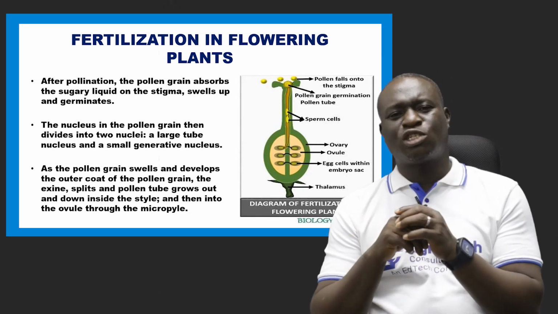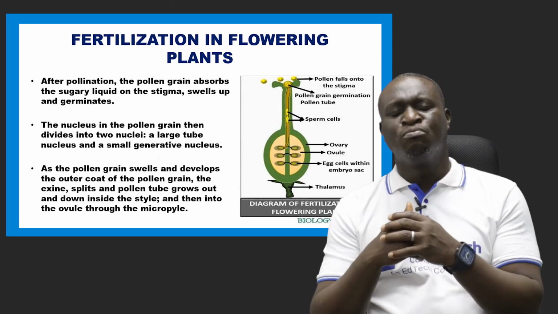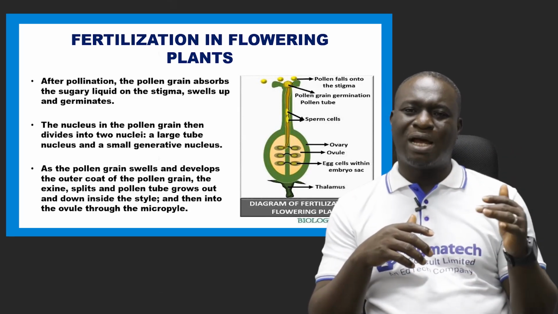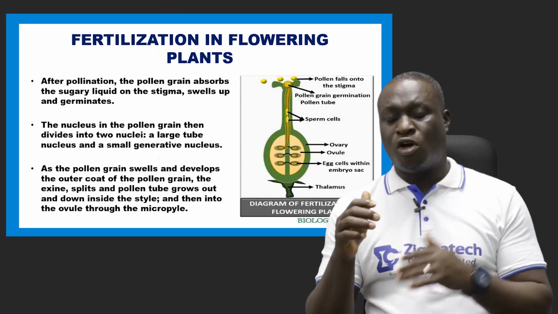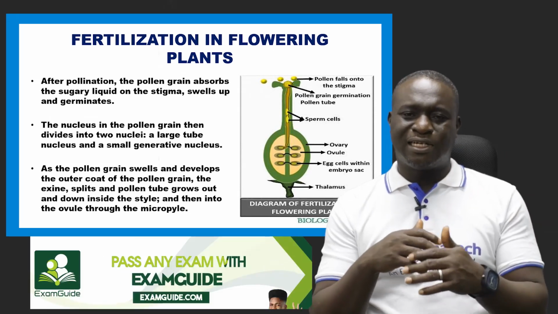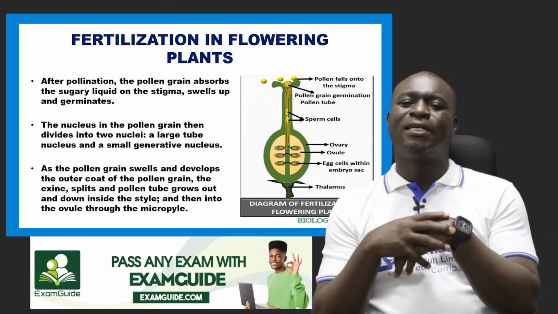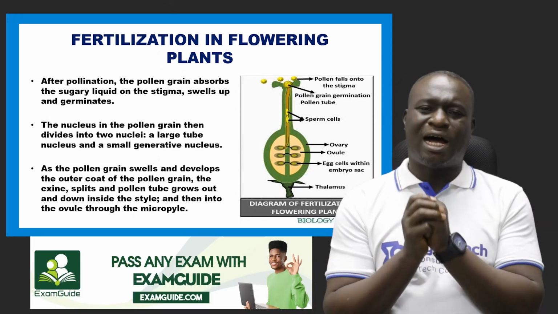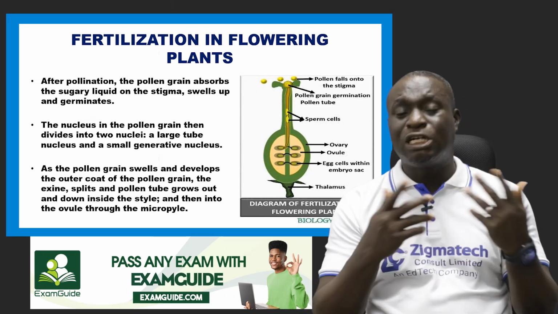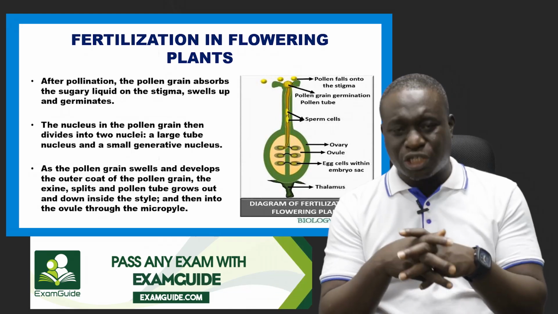And now, what is actually pollination, if I may repeat again? Pollination is the transfer of mature pollen grains from the anther to the mature stigma of another flower of the same plant, or of another plant, but of the same species.